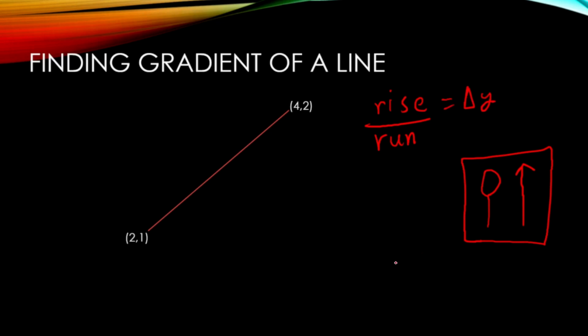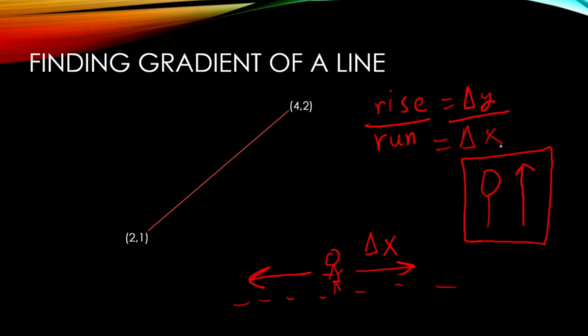And for understanding run, you can imagine a person on a racing track, and which direction can he move? He can only move over here or over here, which means this is the change in x-axis. So run is change in x-axis. So we define gradient as change in y over change in x.